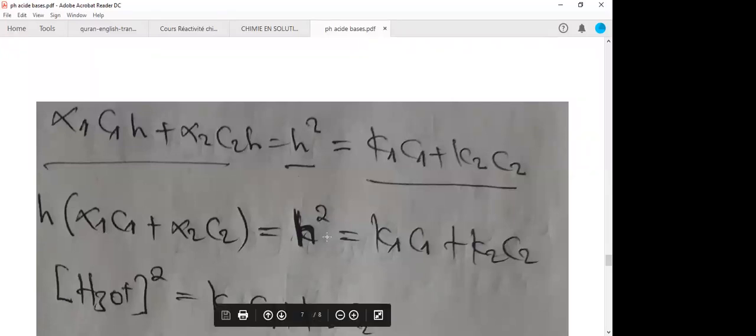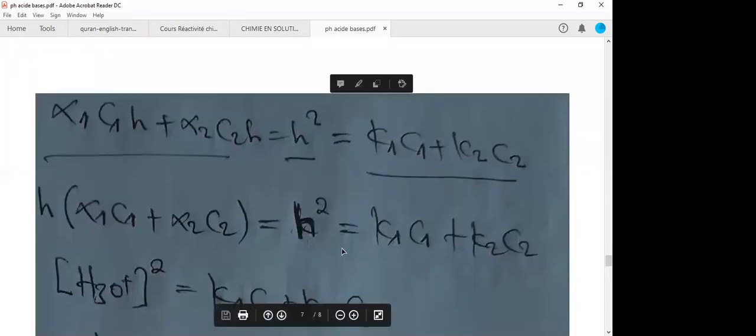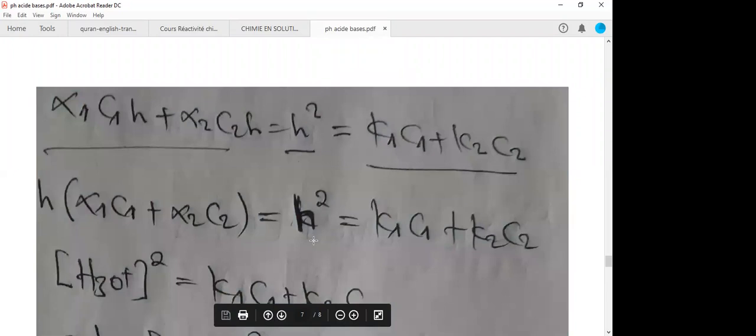Which is H squared. So H squared is the same as K1 concentration 1 plus KD concentration D. And what is H itself? H is the concentration of the hydronium ion H3O+. So if we write H squared, it is the same as writing the concentration of H3O+ squared.